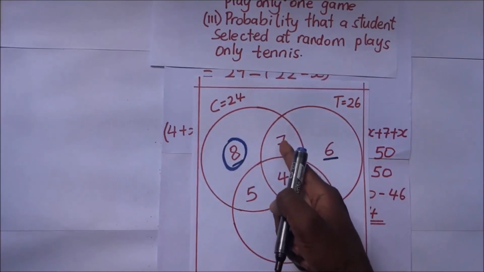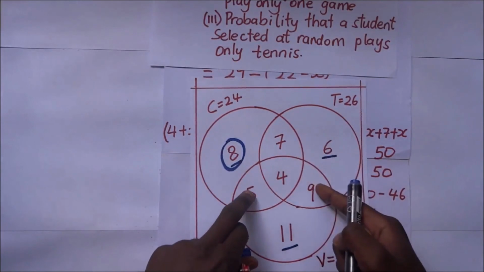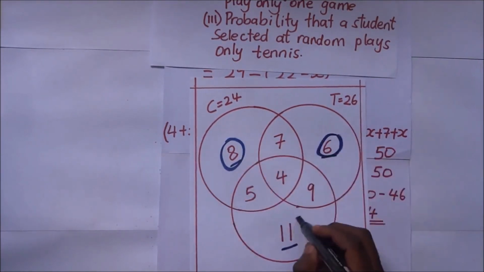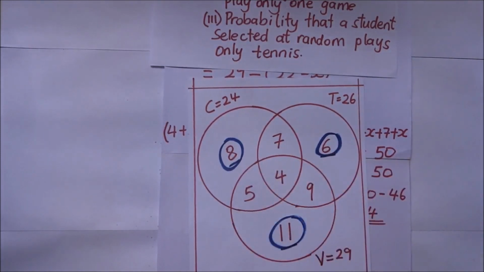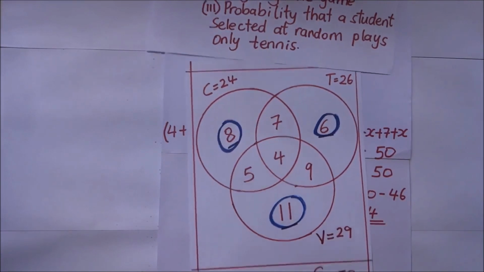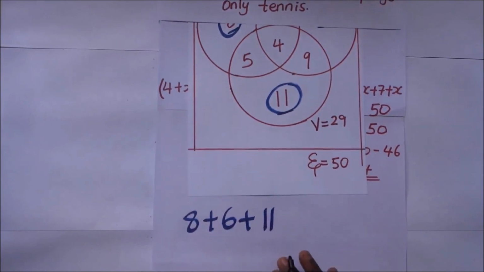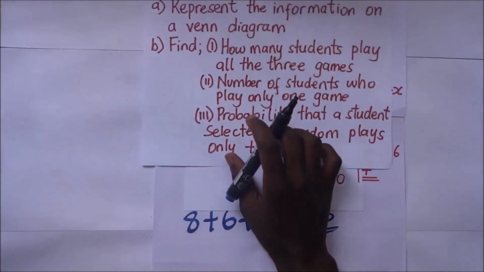These 7 are playing chess and tennis only. These ones play only 2 games. These ones play all the 3 games. So 8 plus 6 plus 11 gives you a total of 25 students who play only one game.